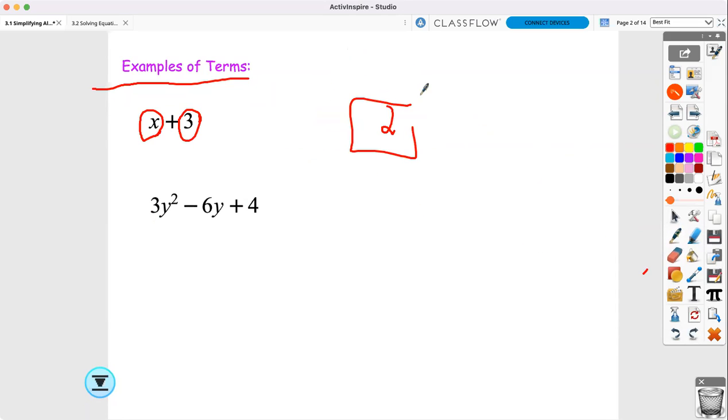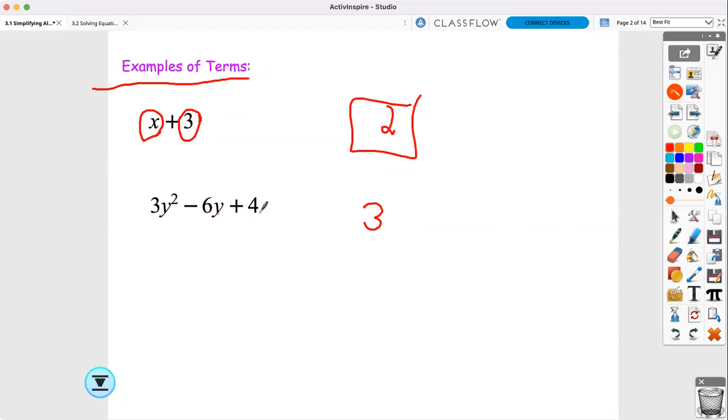All right, good. Now, what about the third expression? 3y squared minus 6y plus 4. How many terms do y'all think there are for this expression? I have to say 3. I'm hearing 3. Does anyone agree or disagree with the 3? Can someone tell me a term from this expression?